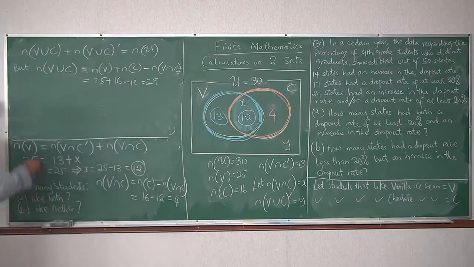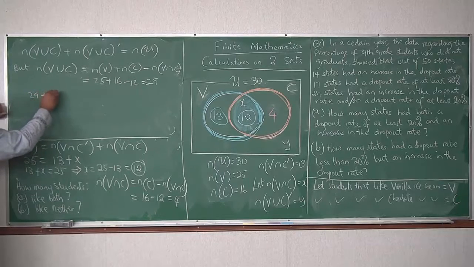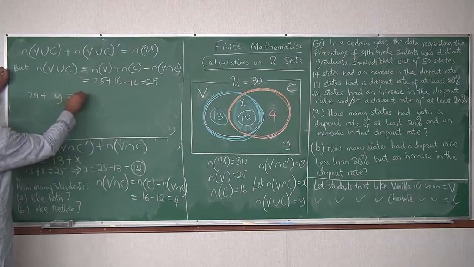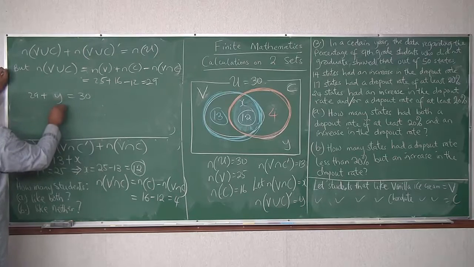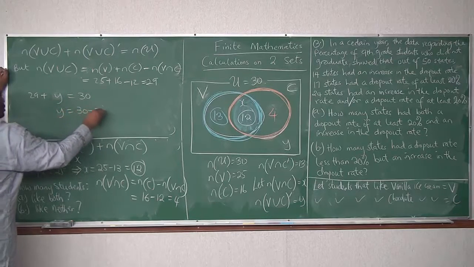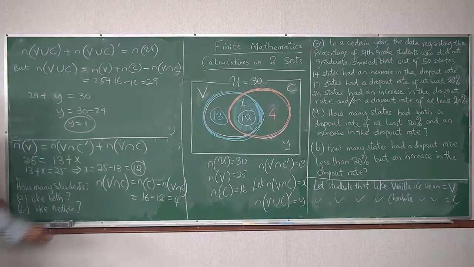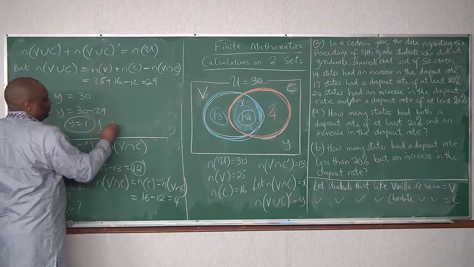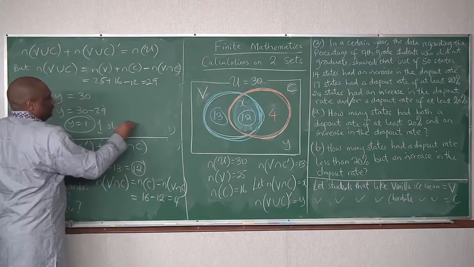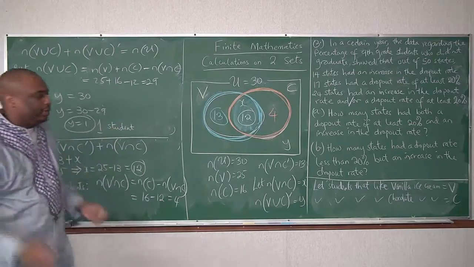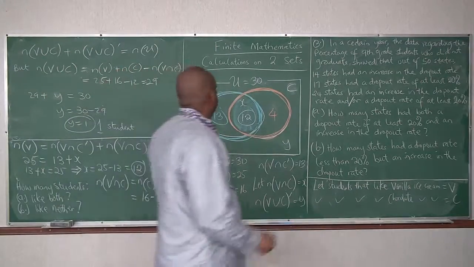So we can now see that 29 plus y, because we say let this be y, is equal to 30. So y is 30 minus 29, y is only one person. Just one student. One student does not like vanilla nor chocolate.